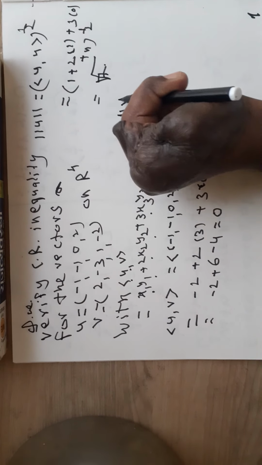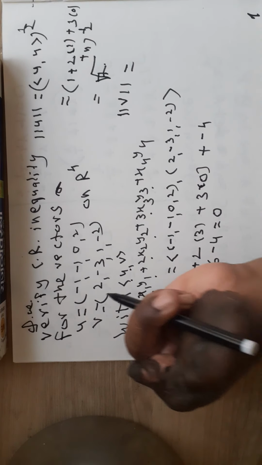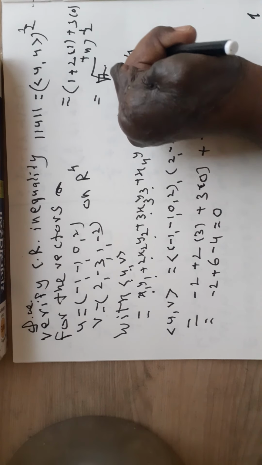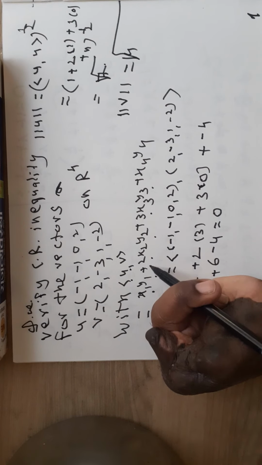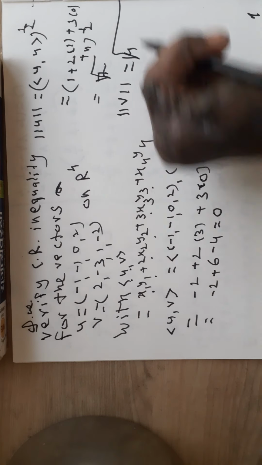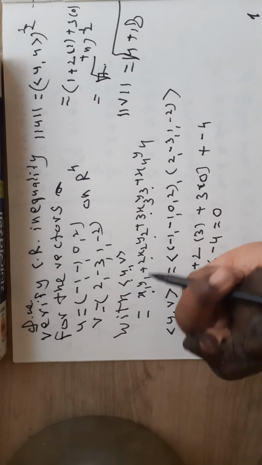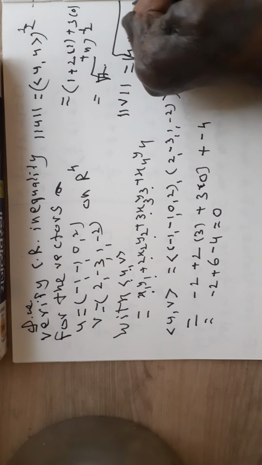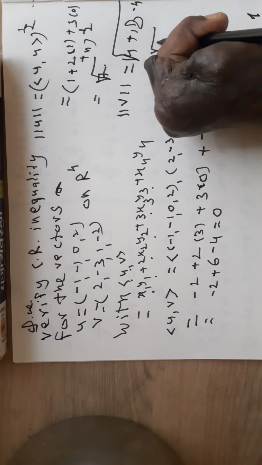Similarly you can find the norm of v. Here the norm of v is equal to the square root of 4 plus 2 into 9, which is 18, plus 3 into 1, plus 4, which is equal to root 18.